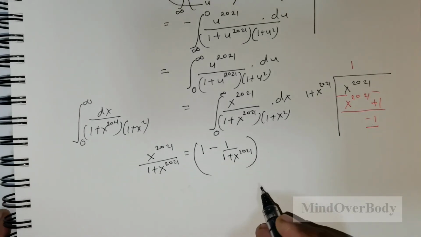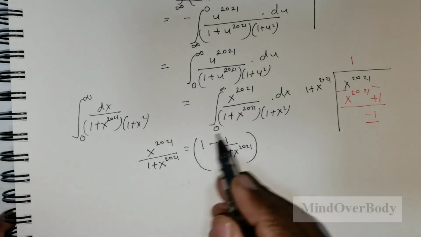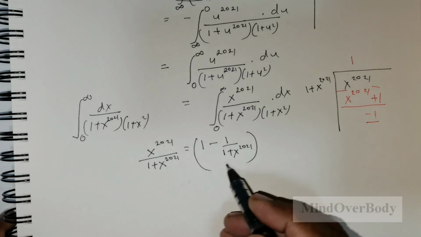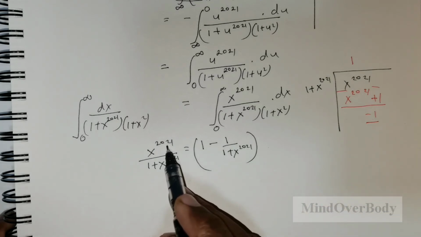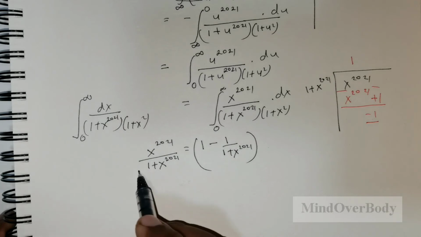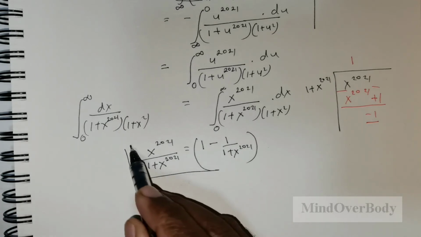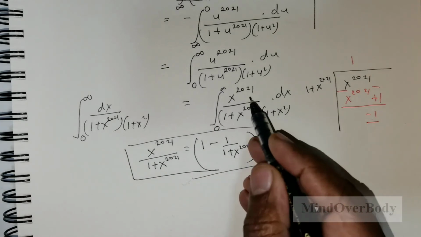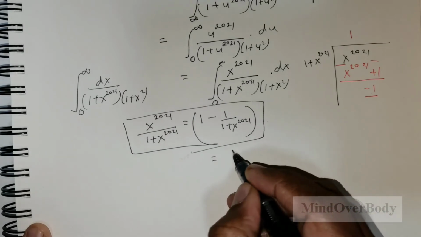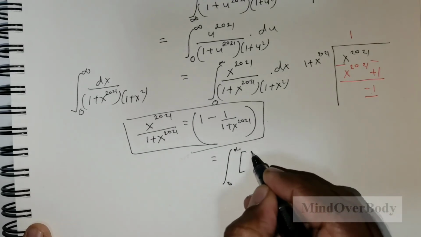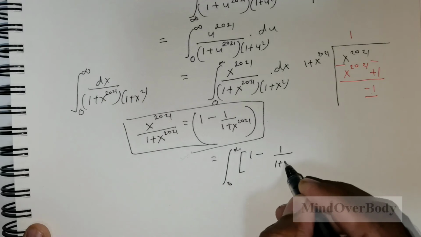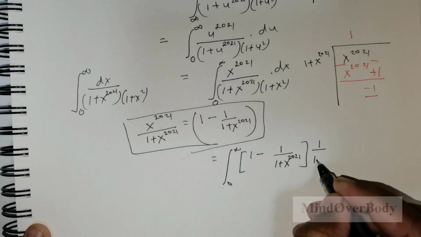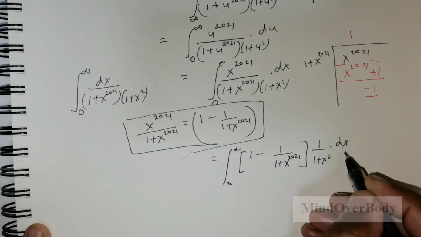Now why do I do that? You will see that because of this representation the solution becomes easy to obtain. So in place of x^2021 divided by 1 + x^2021, I would be using 1 minus 1 over 1 + x^2021. When I do that substitution, I would now have the integral from 0 to infinity of (1 minus 1 over 1 + x^2021) times 1 over 1 + x^2, dx.